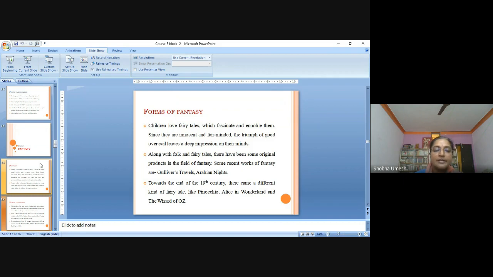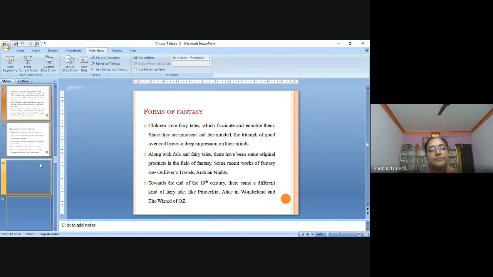But by the end of the 19th century, a different kind of fairy tale came, like Pinocchio, Alice in Wonderland, and The Wizard of Oz. These were written in the 19th century. You might also have heard about the story of Cinderella and Aesop's tales, and all these stories talk about a fantasy entirely different from the stories written in the 16th, 17th or 18th century. So these types of stories came in the 19th century.